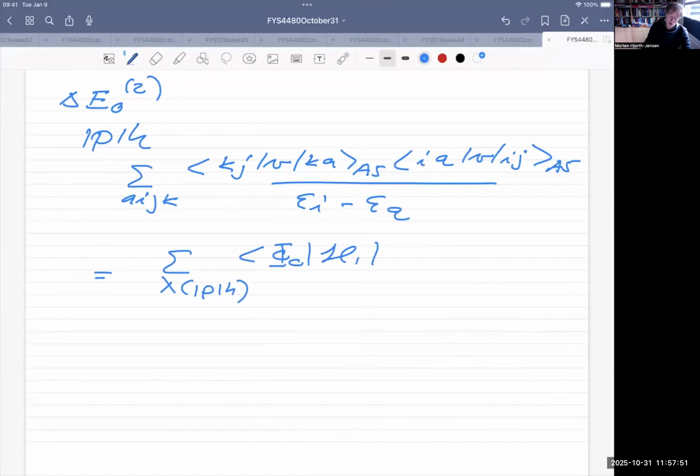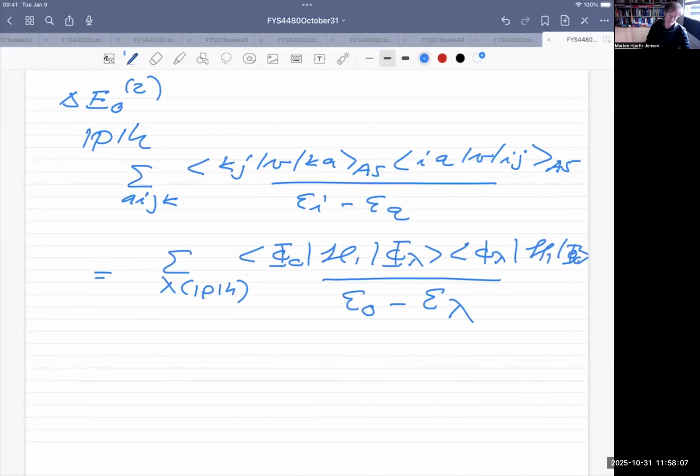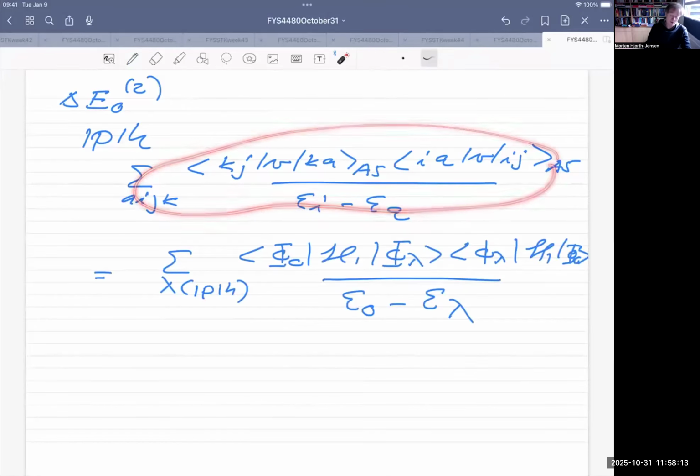We have our phi lambda and phi lambda of h of I of phi 0 divided by epsilon 0 minus epsilon lambda. Now, the expression which you see here is the one which we want now to link to a diagram.